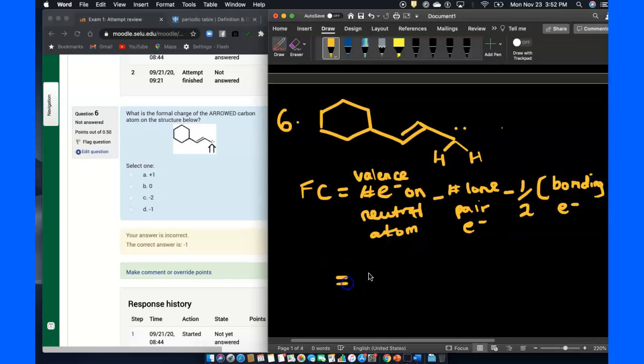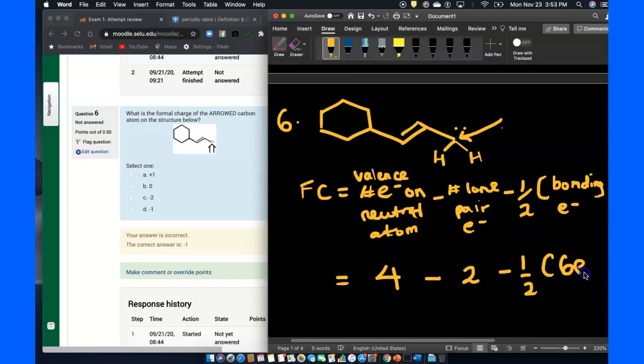Okay, so in our case we have a carbon. Carbon is in main group 4, so it should have a valency of 4. You have 2 electrons in the one lone pair, so the number of lone pair electrons is 2. And then we have 3 bonds, which is 6 electrons, so we take half of 6 bonding electrons, which is the 3 bonds.